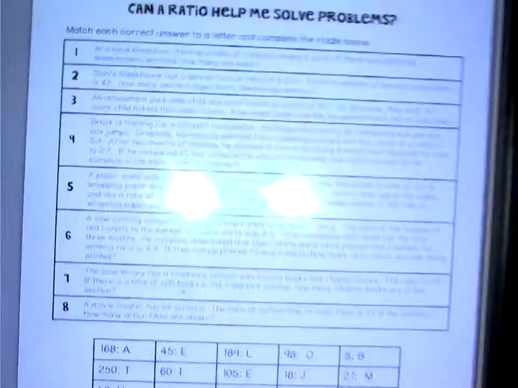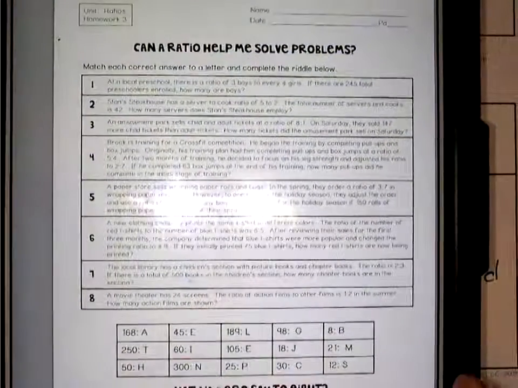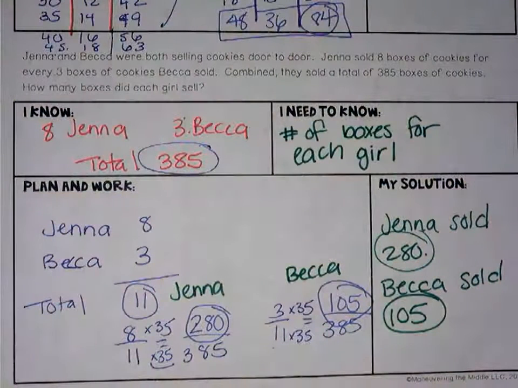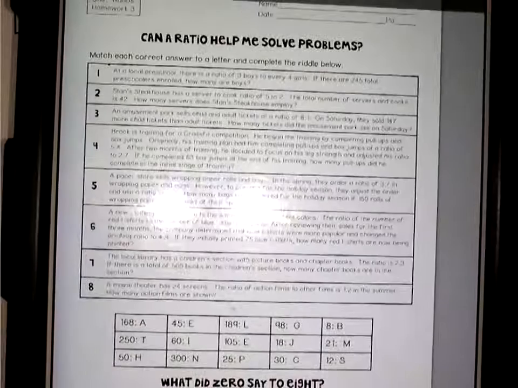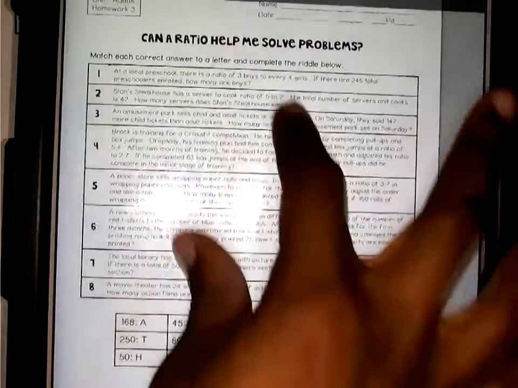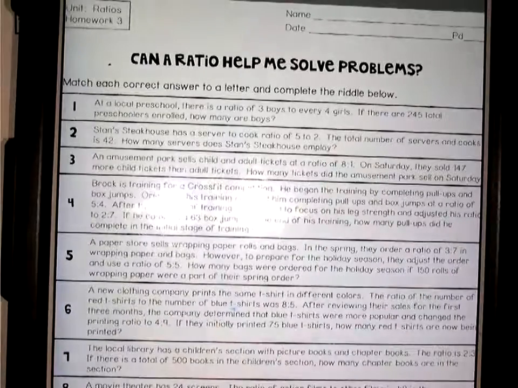All right, so this is the homework. It looks kind of similar to your homework 2. We had a type of problem like this before. You will probably need a scrap sheet of paper, and you have 8 word problems to solve.